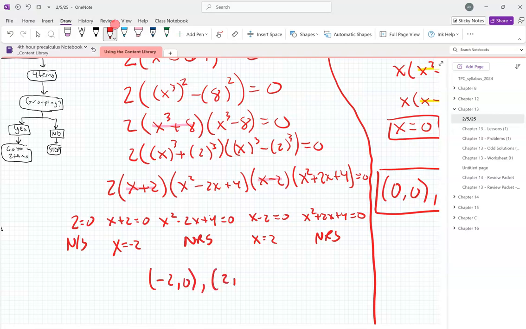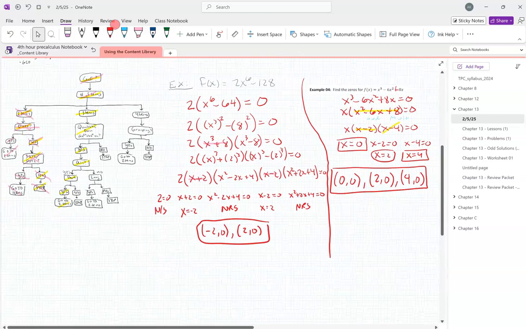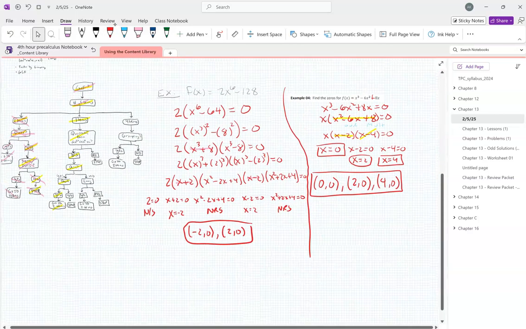So this guy has only the 2 real zeros of -2, 0 and +2, 0. Now that's a tough one, right? There, the flow chart really kind of helps out keeping track of what we still need to do, where we're at in the problem, right? That makes life hopefully rather helpful.